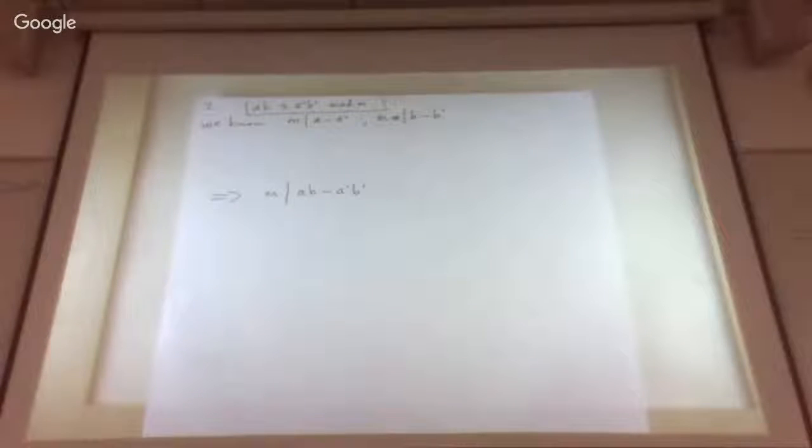So we need a bit of trickery to get there. You see, this is AB plus A prime B prime. We could write this as minus A into... oh God, I'm always twisting myself up with this one.